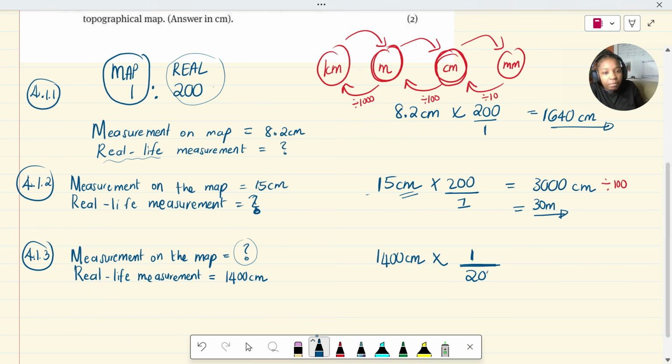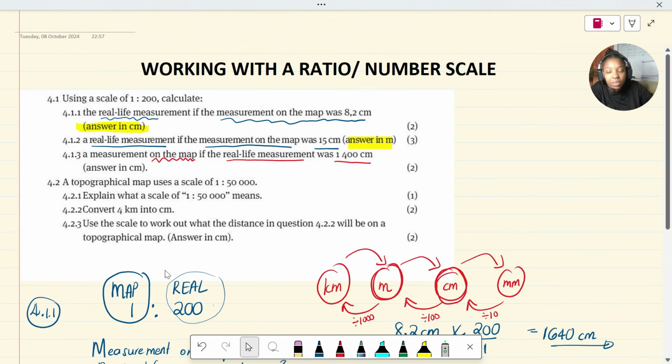So we're going to divide by 200. If you take 1,400 and divide by 200, you get 7 centimeters. So if your distance in real life is 1,400 centimeters, the distance on the map is equal to 7 centimeters. And they also mentioned that we must leave our answer in centimeters.